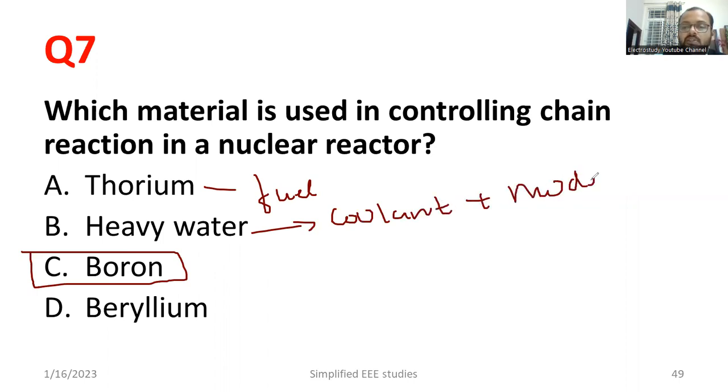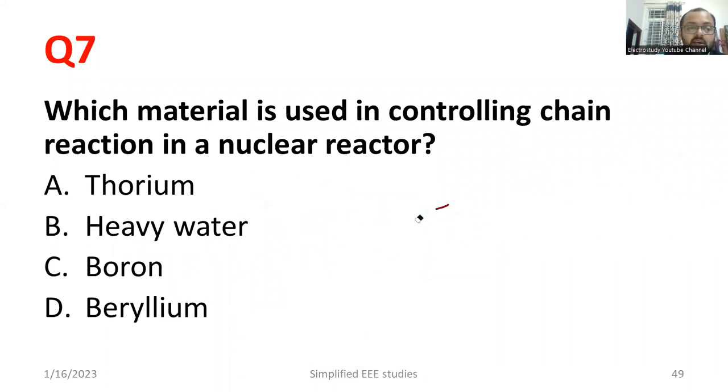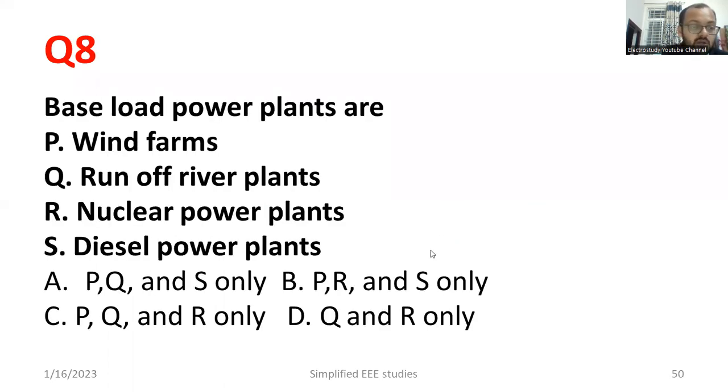Moderator is used to control the speed of the neutron. Beryllium also has the same function; it will act as a moderator. So the right answer is boron. If cadmium is also there, you can select cadmium also. Cadmium and boron are used as control rods.